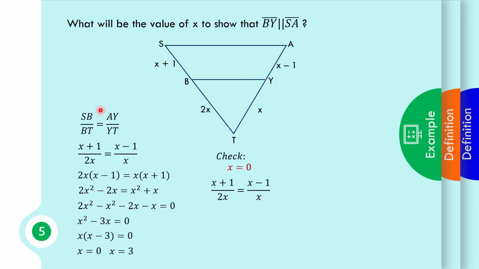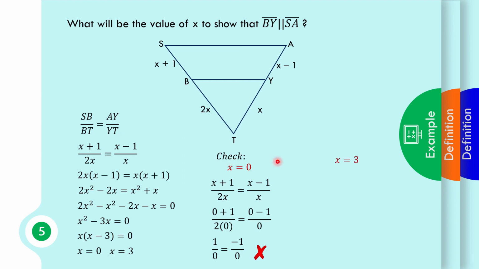So again, I use these proportions to illustrate this. Substituting 0 to our x, we will have 0 plus 1 over 2 times 0 is equal to 0 minus 1 over 0, which is 1 over 0 is equal to negative 1 over 0. So from here, we already have undefined terms in which there is no side equal to 0.